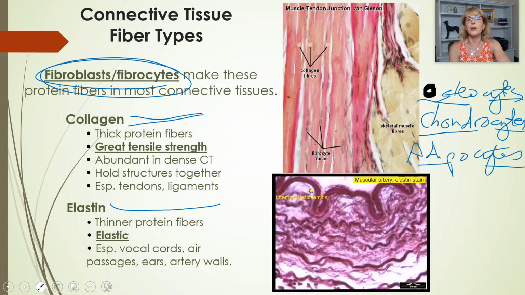But the layer underneath it is dermis, and that dermis is mostly collagen. Interesting factoid, if you're wearing anything made out of leather, you are wearing the dermis of the animal it came from. So you are wearing the dense connective tissue from the cow or goat or, I don't know, alligator? I'm not sure, okay? So that's collagen.